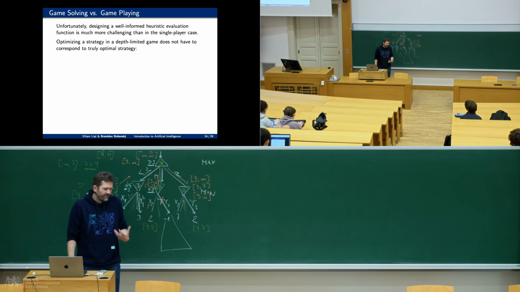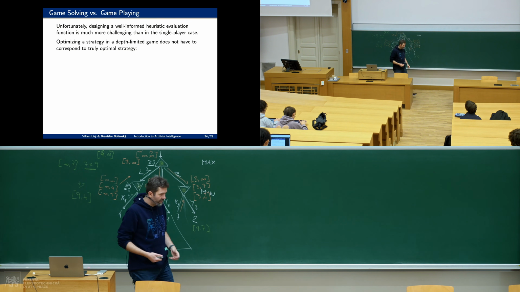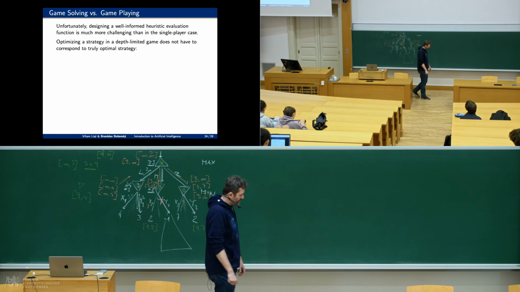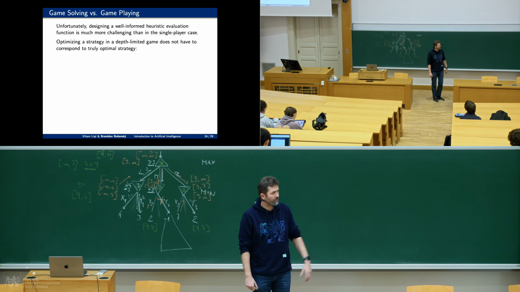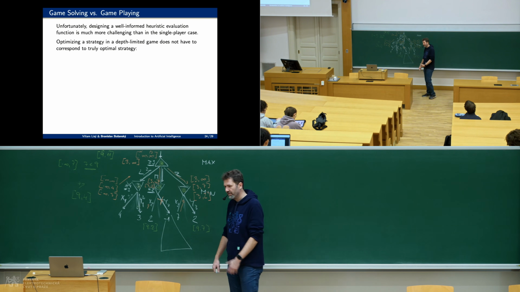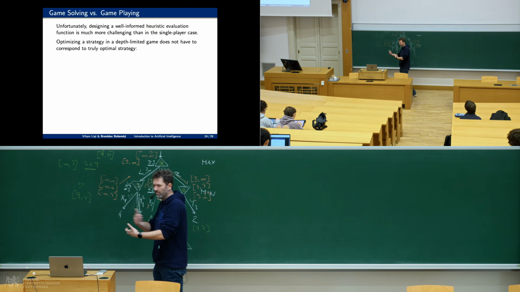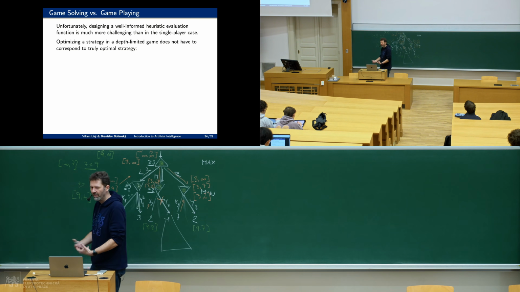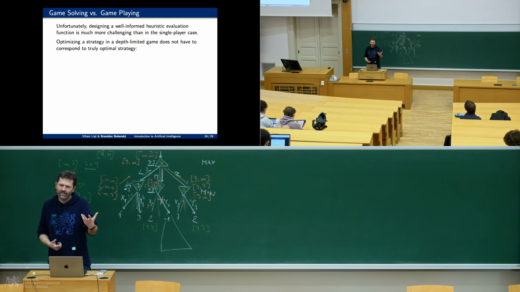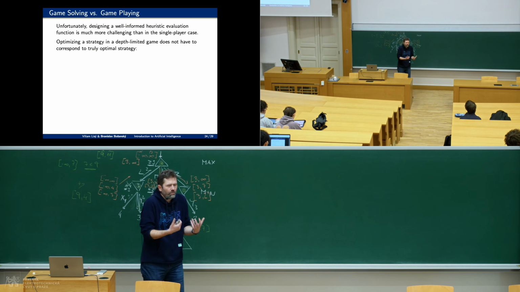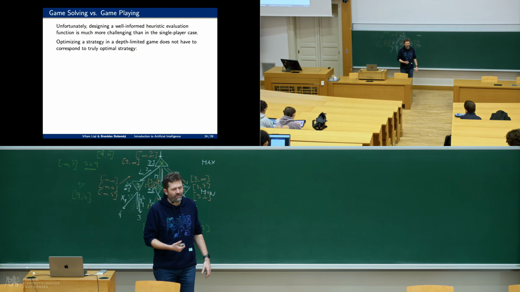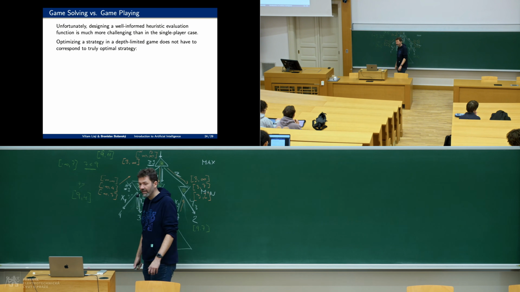Of course, coming up with or training a good heuristic evaluation is much more complicated for games than it was, for example, for single-player problems. Again, because it's a game, in that heuristic function you somehow need to encode the possibilities of the other player, what the other player can do.